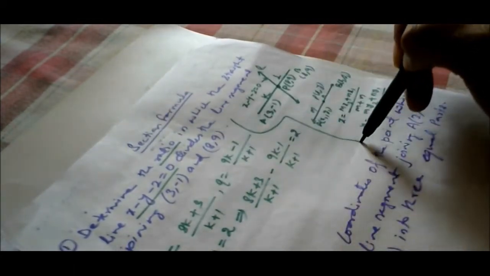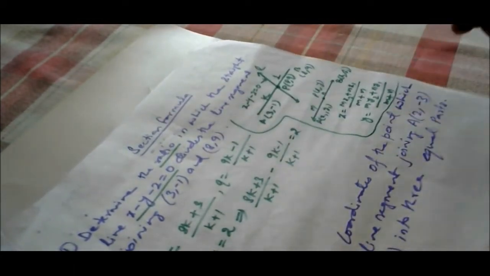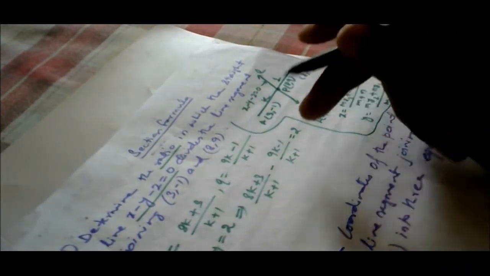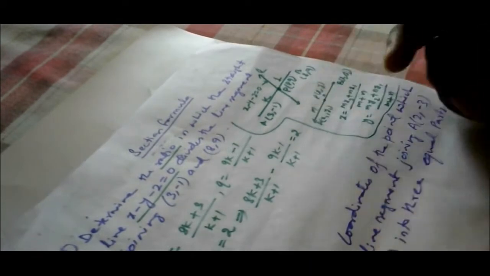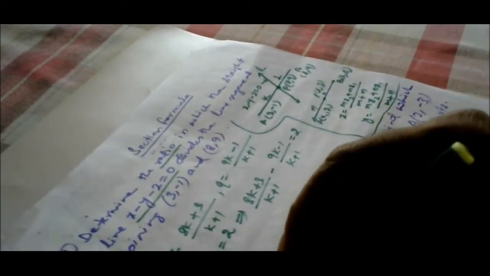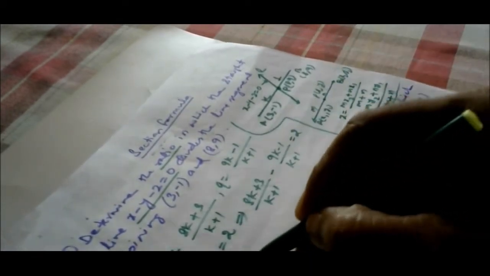Now this k plus 1 can be taken as LCM and it will be multiplied with 2. So this one will give you 8k plus 3 from here.